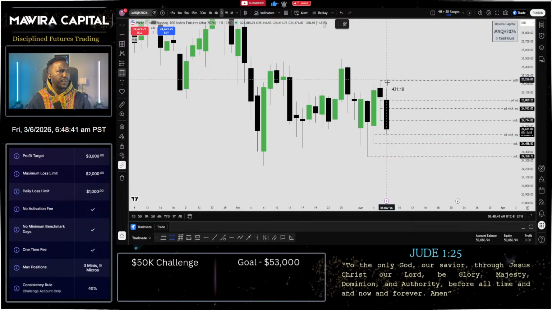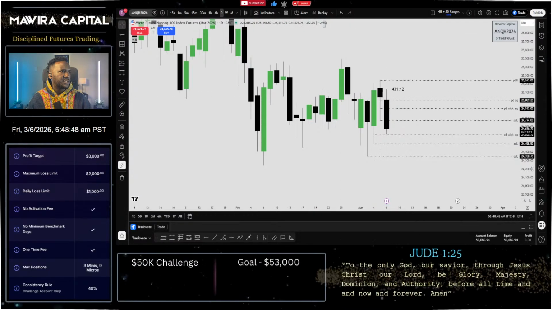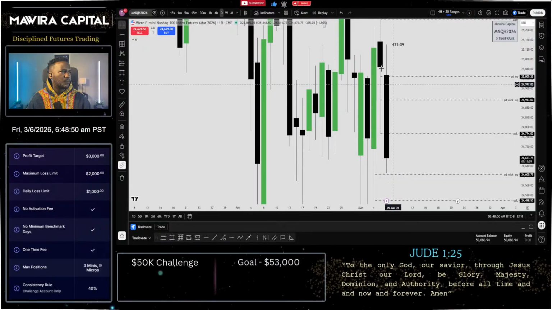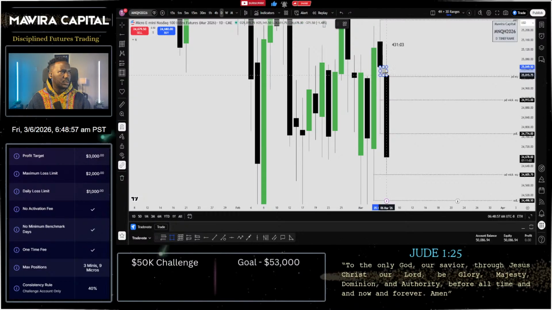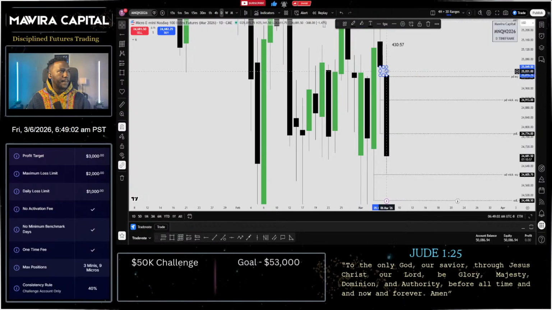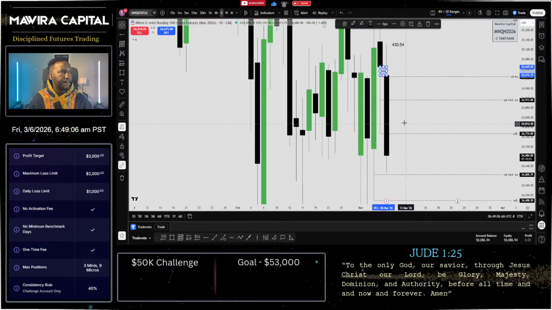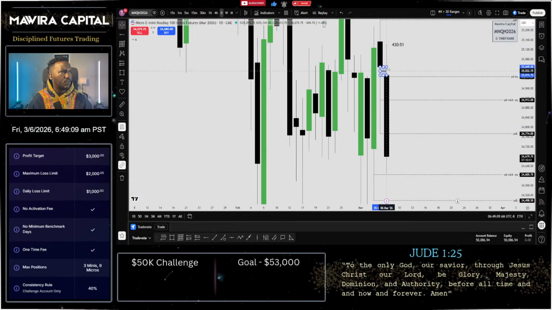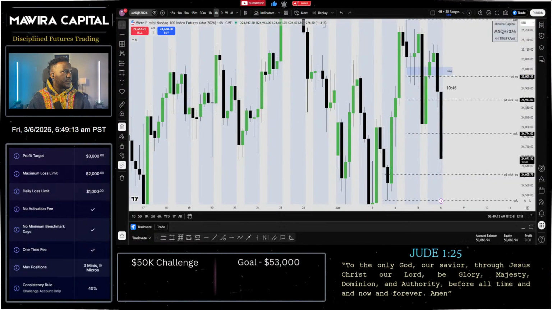This is the opening gap right here, but if we start reversing, then NDOG and NWOG blue. Let's look at the 4 hour real quick.